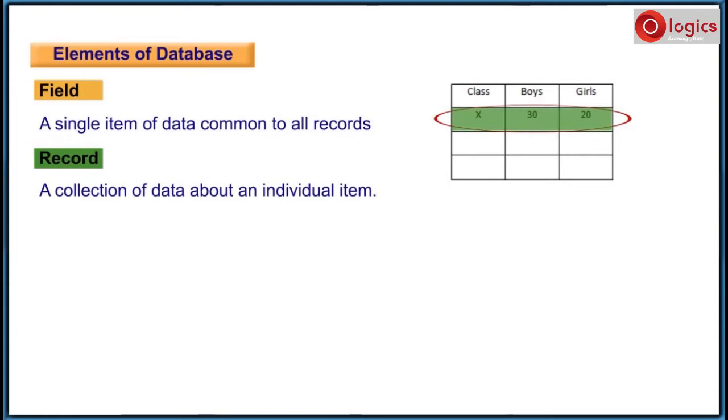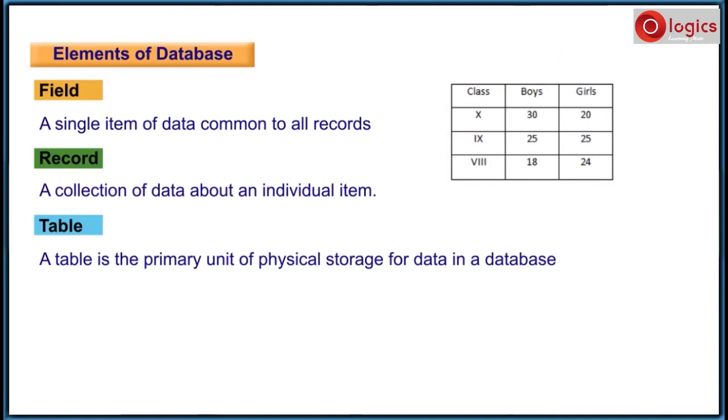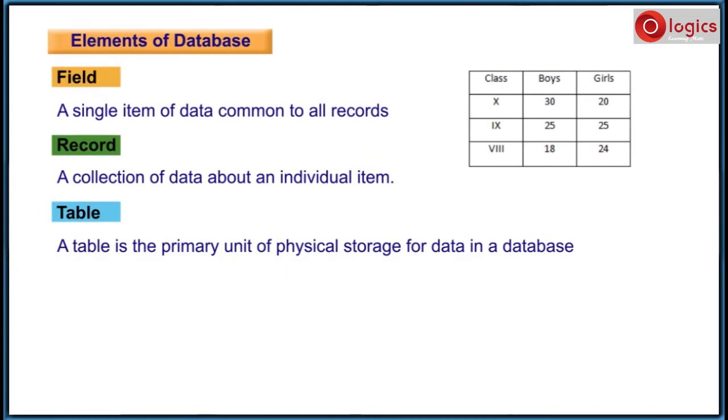This is one record. Table. A set of related records is called a table. The data is stored in the database in the form of tables. We know the elements of table.